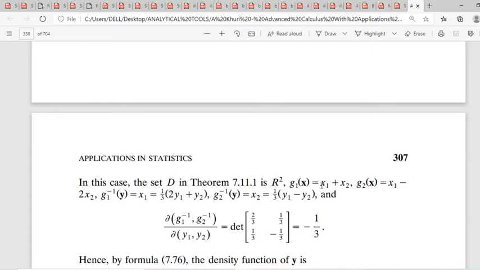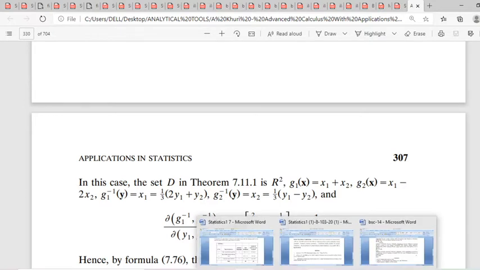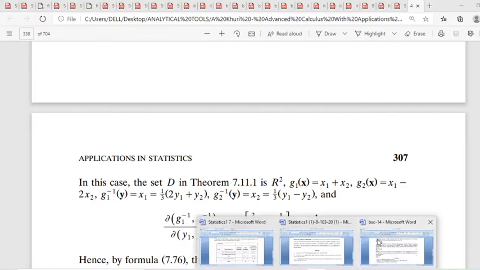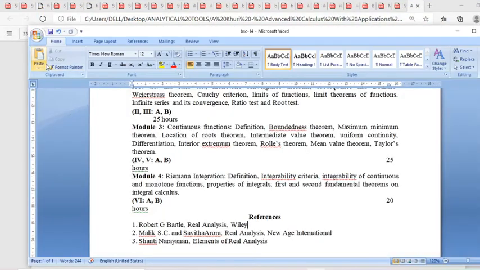That means we can find the value of x1. What are the given conditions?